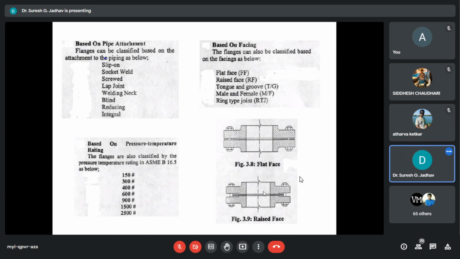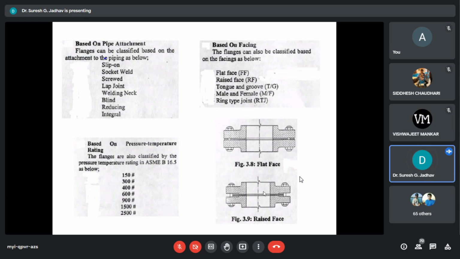And based on pressure and temperature rating classes, different kinds of ratings are given for flanges. Like in the last lecture, we defined pressure classes like 2000, 3000, 6000, 9000.